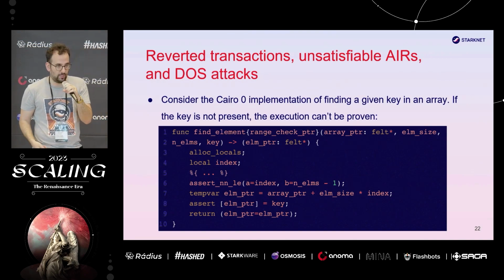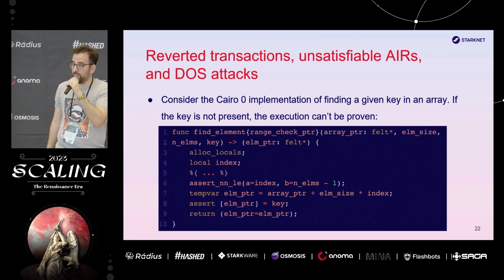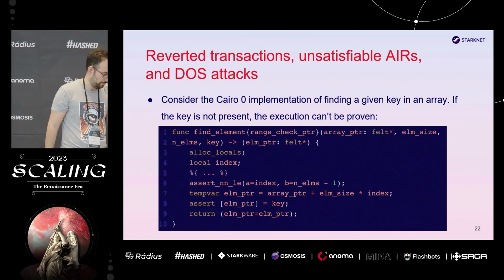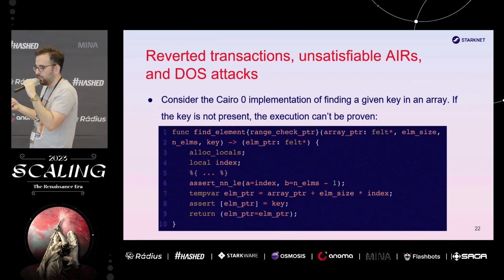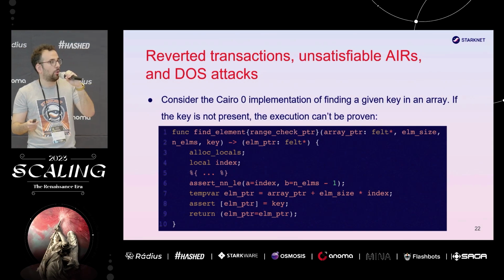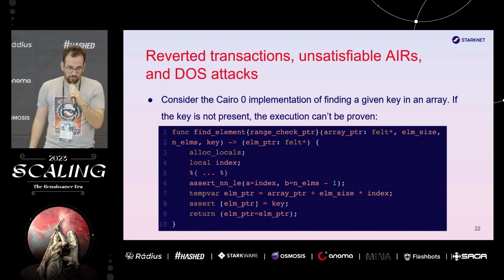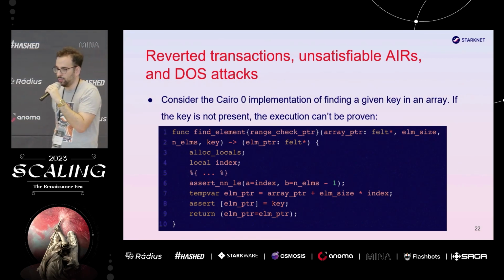So this is the hint. And if the element is there, he can substitute the correct index and then continue to proving the execution. So basically, this magic allowed us constant time finding of an element in the array. More precisely, it's non-deterministic constant time, but let's ignore it.